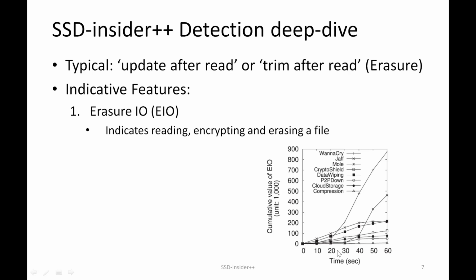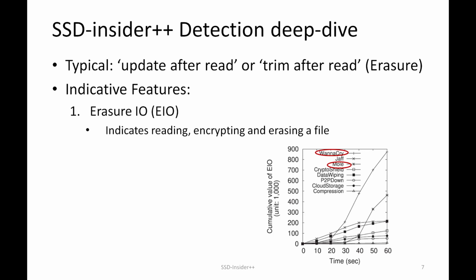Now, with an increase in time, you can see that a couple of ransomwares have exhibited high EIO numbers, specifically WannaCry and Mole. So these two ransomware applications can easily be identified just by looking at this particular metric, right?